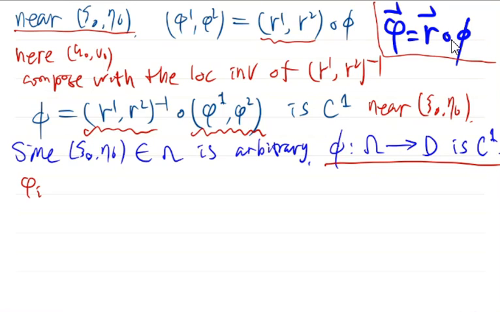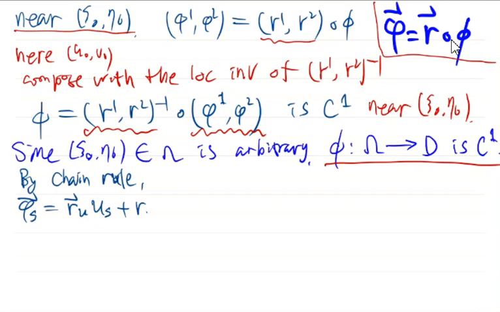We take the partial derivative of this by the chain rule. We see that phi c is R u u c plus R v v c. This is a consequence of the chain rule.